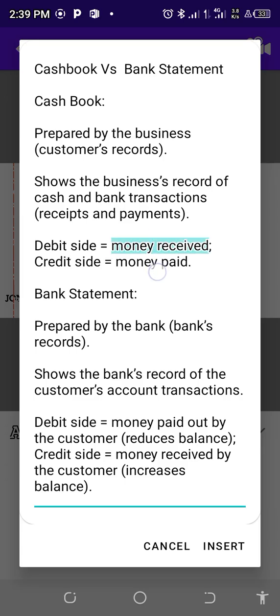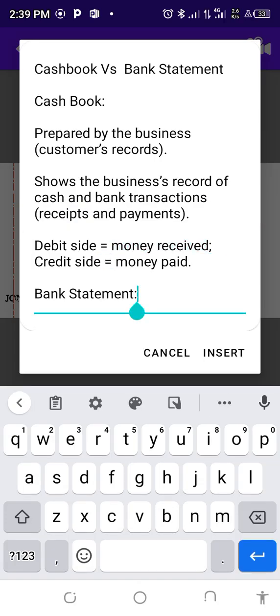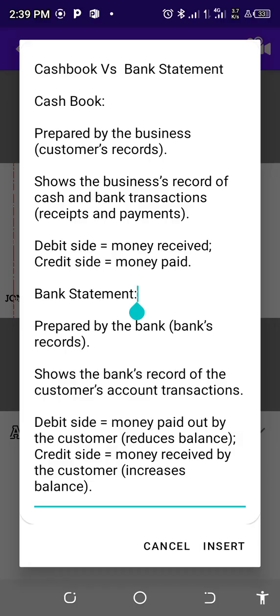Those of you that want to take down this note, I bring this up so that you can jot down a very clean note. What I've just explained is the cash book versus the bank statement. The cash book is prepared by the business, that is the customer's record.